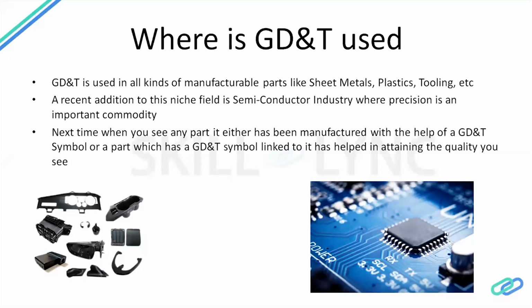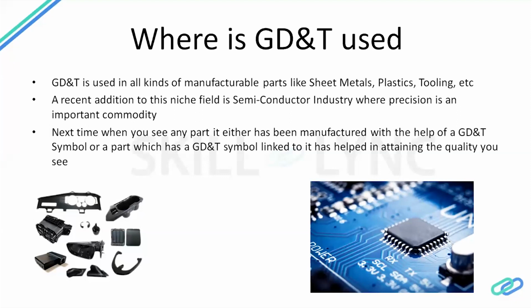And of course, over there also we use GD&T, and the precision required is very high. Its significance is also becoming bigger in this age of technology, and it is becoming very important.